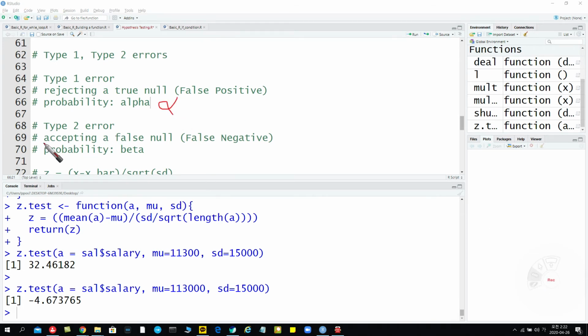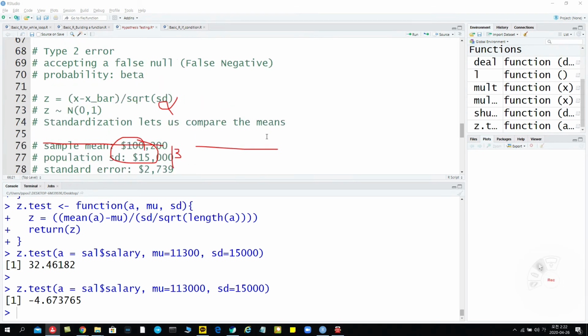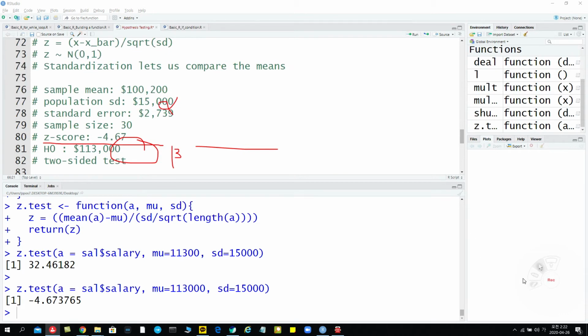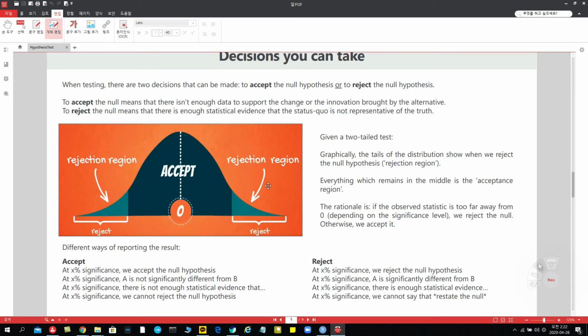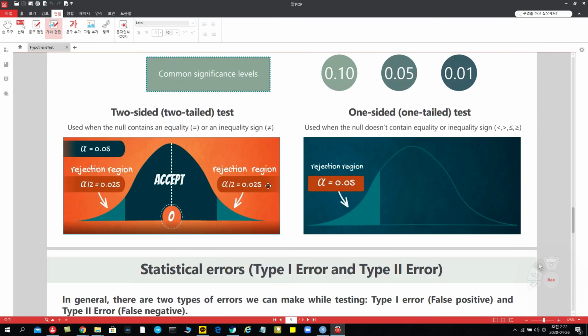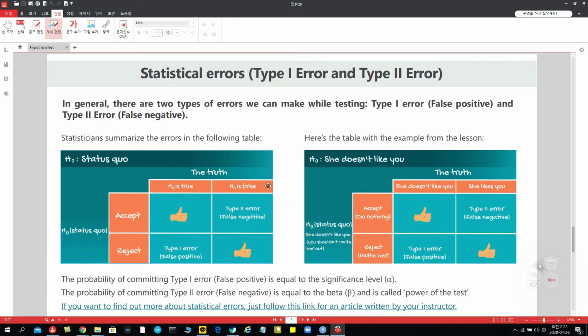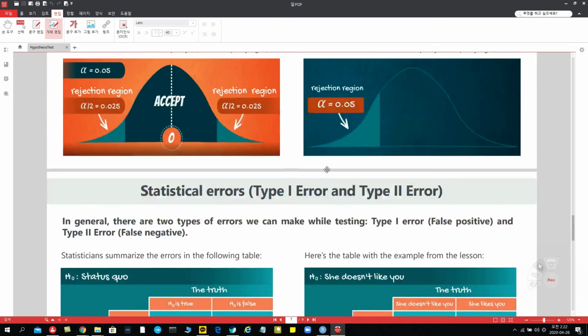Type 2 error is accepting a false null, a false negative. Its probability is beta. This is a type 1 error and type 2 error.